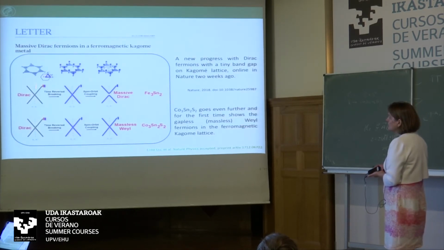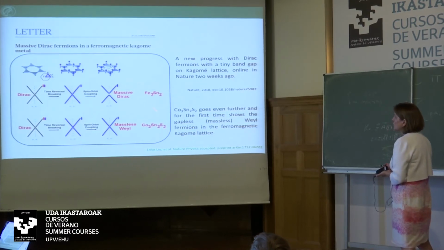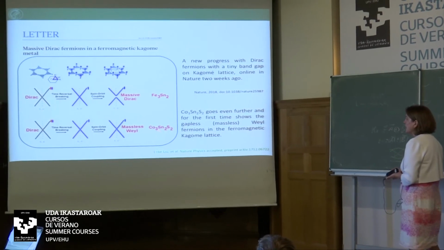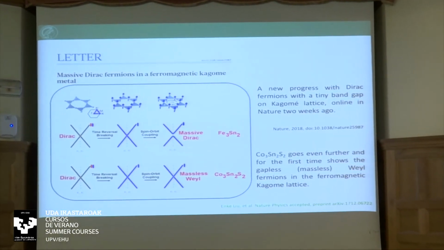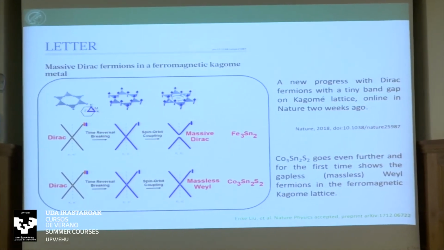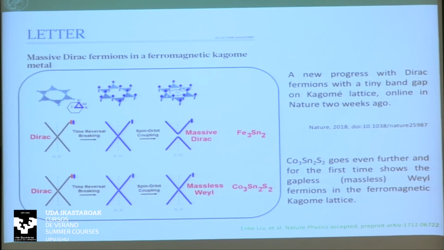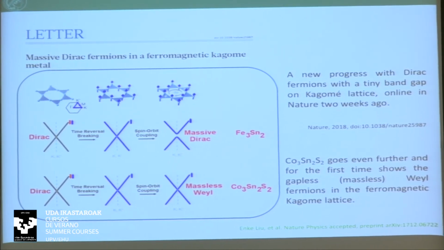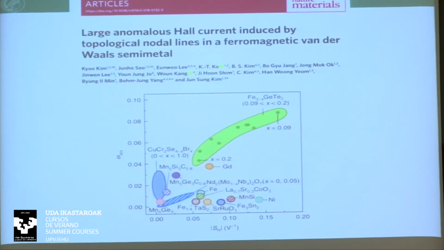But we now have two nice systems: one which has massive Dirac fermions, and one which has Weyl fermions in cobalt 3 tin sulfur 2. This shows that simply by thinking from one material to the other we can go on. There was no theoretical prediction; there was a prediction in-house, but not a theoretical one. But it's time to find more magnetic materials.